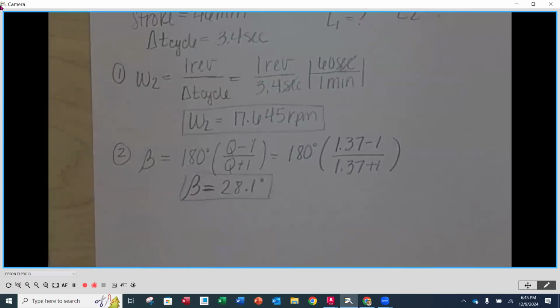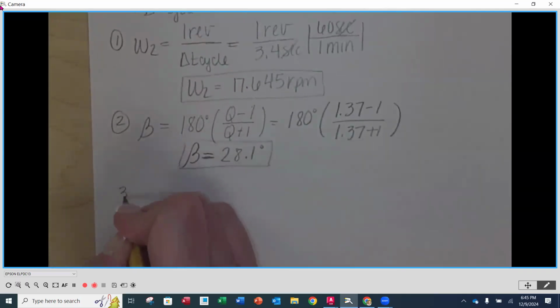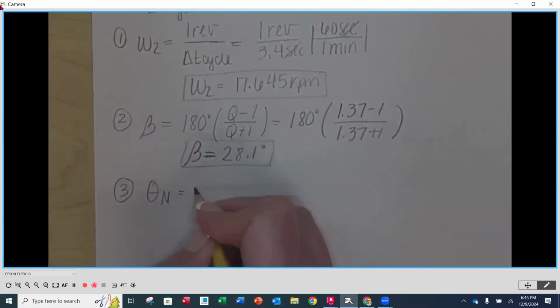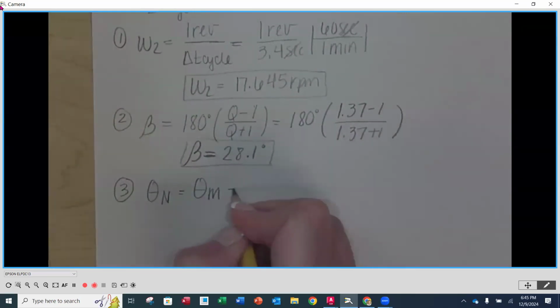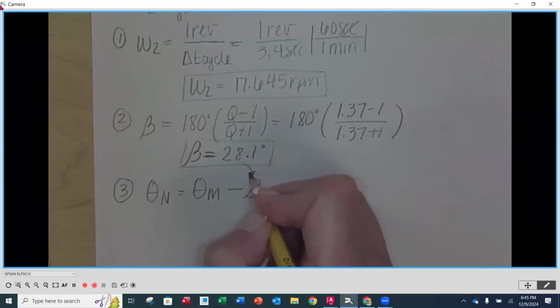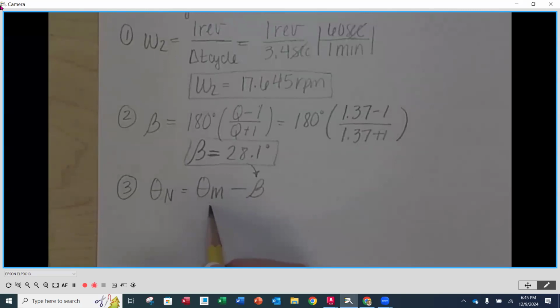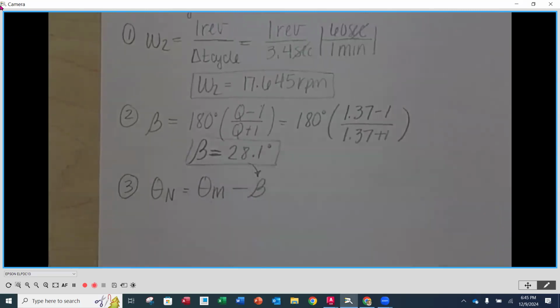All right. So now, as I said earlier, this is the part that is not going to be a given value. We're going to calculate that theta N is equal to theta M minus beta. Beta is going to go there. But remember, this M, I'm just specifying. For this problem, I'm just going to specify 45 degrees.